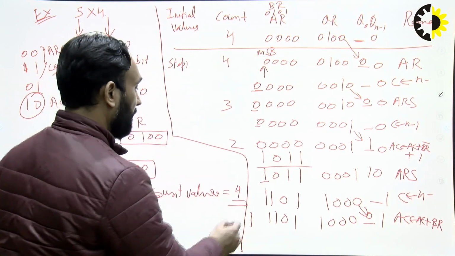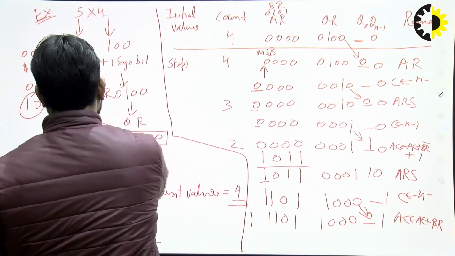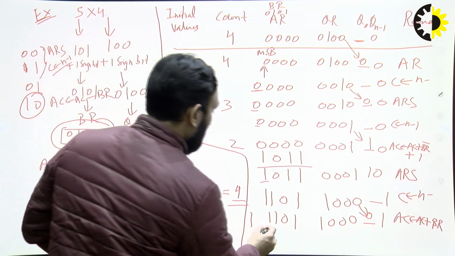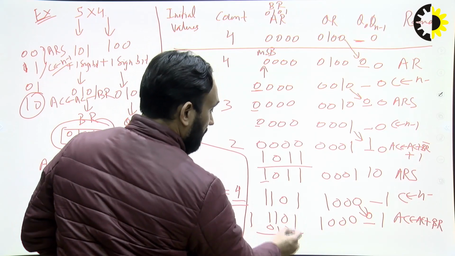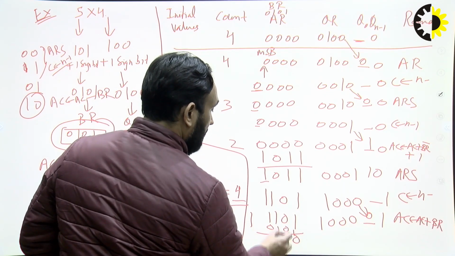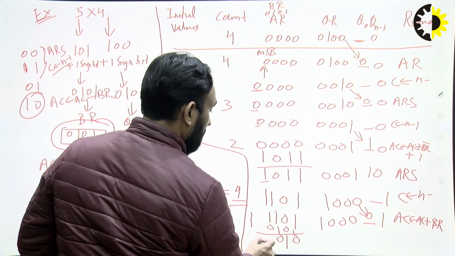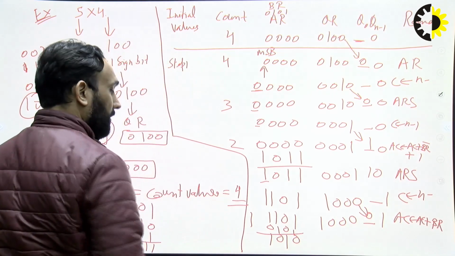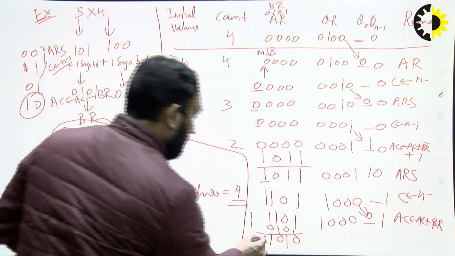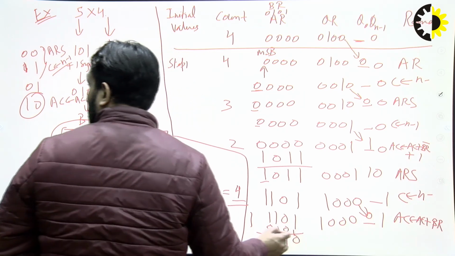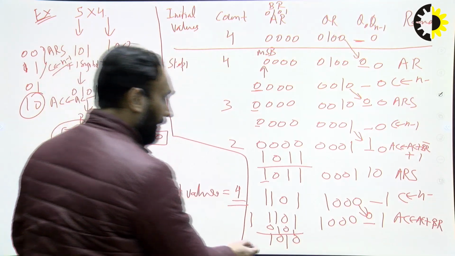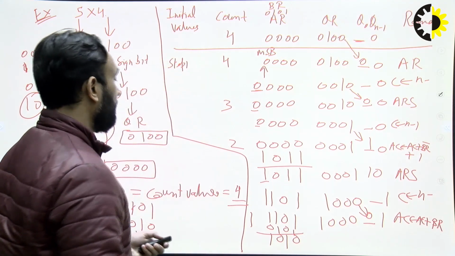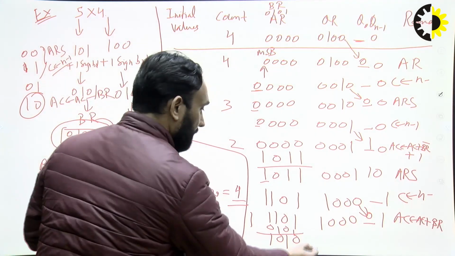So when we perform this operation, again here we use the actual value of BR, 0 1 0 1. 1 1 plus 0 1 0 1, and like that we will discard the remaining carry. The final outcome will come like this.